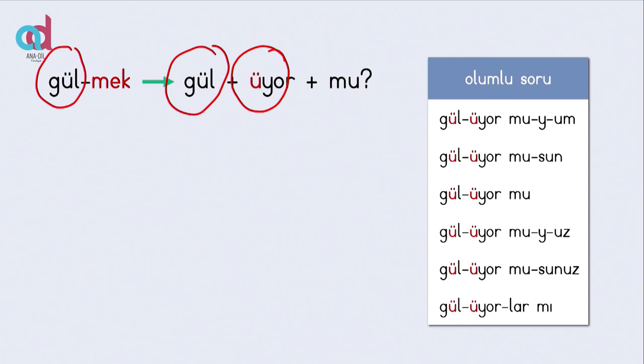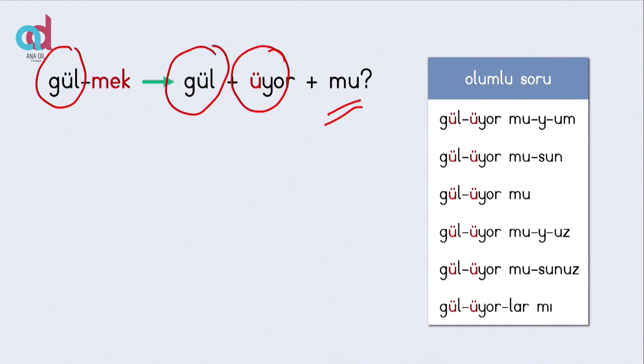So we say gülüyor. Now we're going to ask a question. Mu. This is the question suffix. Gülüyor mu? O gülüyor mu? Let us start to conjugate this verb together within a positive question.